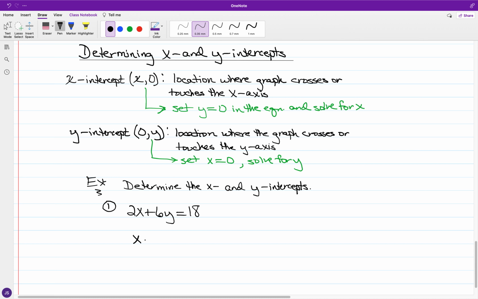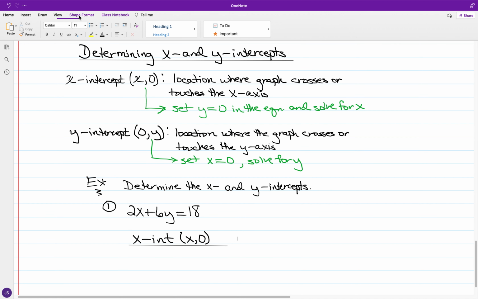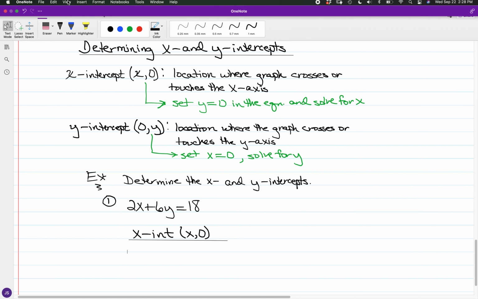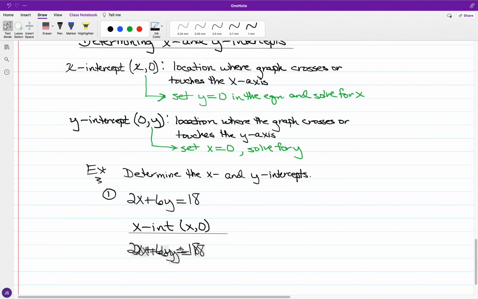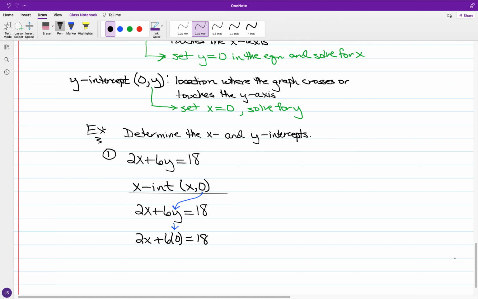For the x-intercept, we have 2x plus 6y is equal to 18, and we're solving for x as y is set to 0. 6 times 0 is 0, so this comes down to 2x is equal to 18.